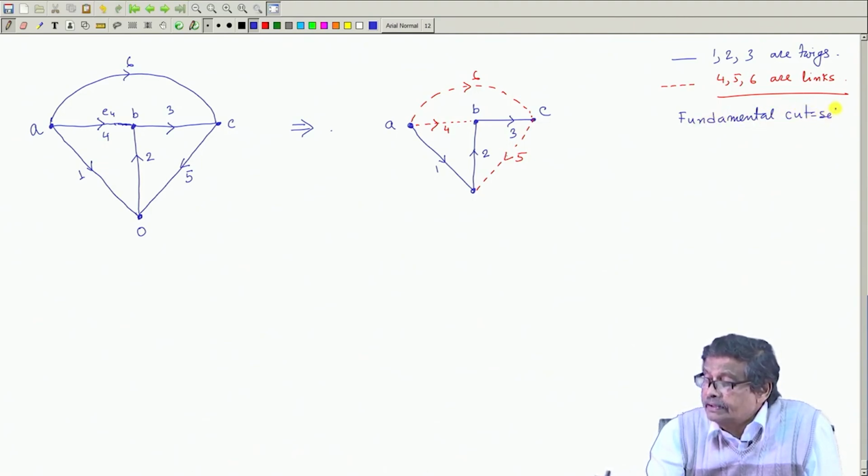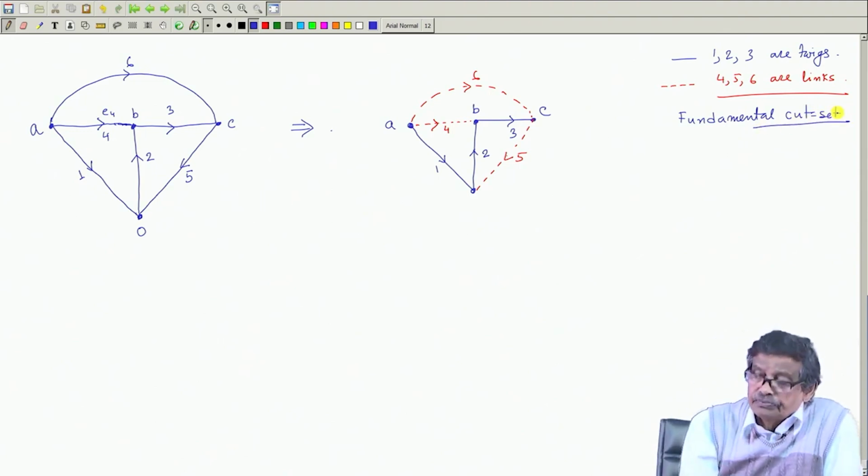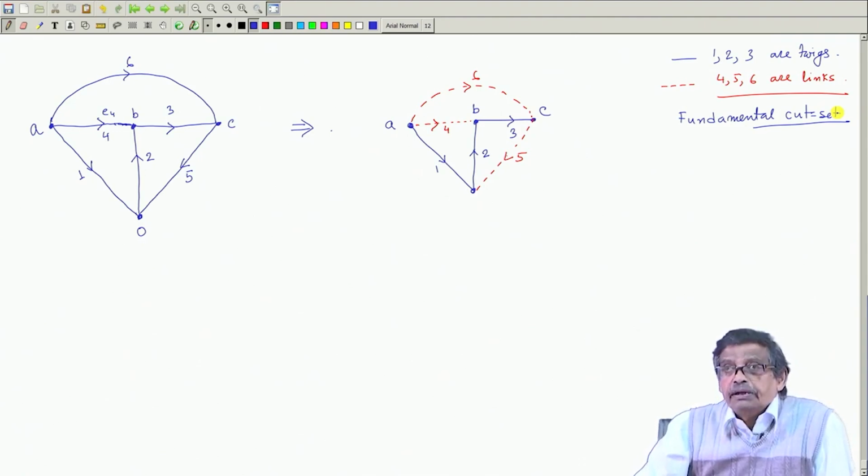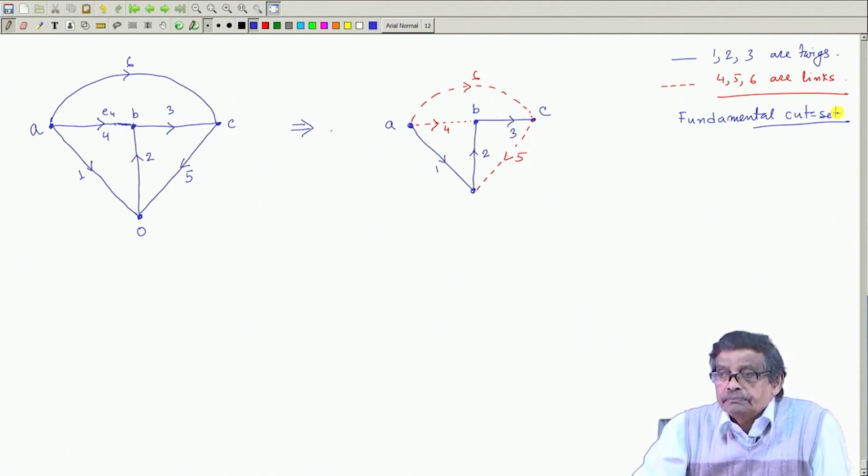Cut sets are those lines which will break the network into 2 parts, where there will be only one twig present. I am sorry, only one twig will be present.